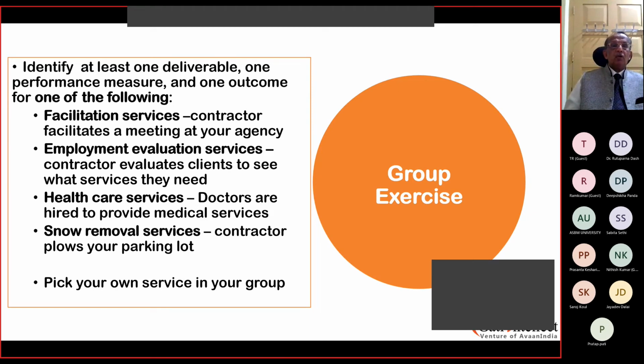From these four examples that are given, come up with one deliverable, one performance measure, and one outcome. Okay, anybody?